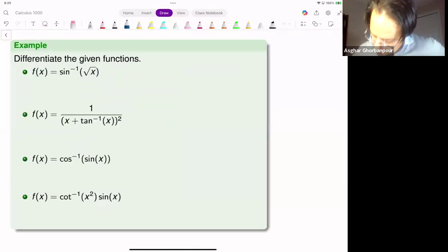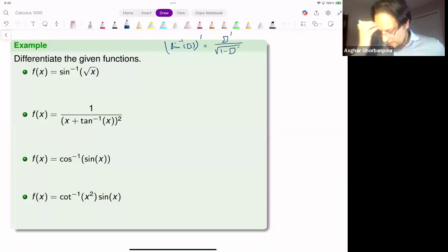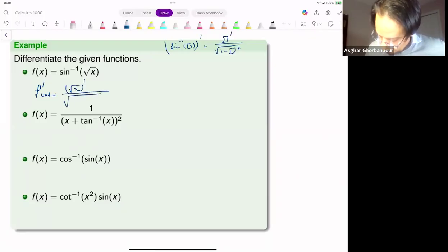The derivative of sine inverse of box is box prime over square root of 1 minus box squared. So f prime of x is equal to root x prime over root of 1 minus root x squared.